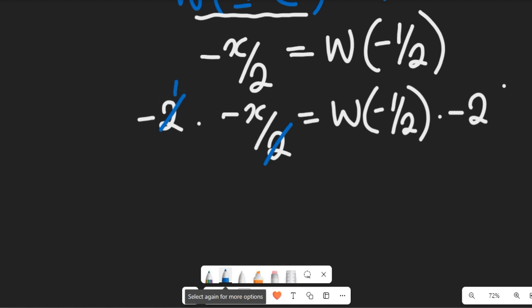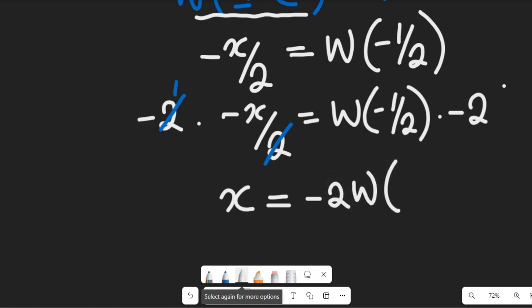Negative 1 times negative x will simply give me x to be equal to, this multiplying this will give me negative 2 Lambert W multiplying negative 1 divided by 2, right? Great. And that is exactly what that expression is going to give me.